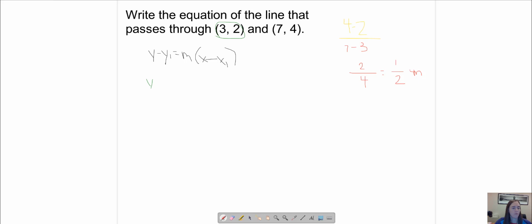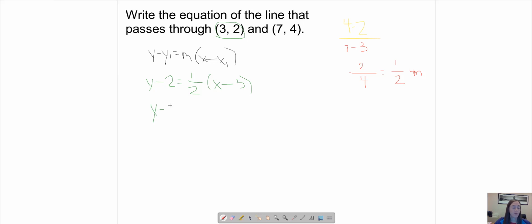So we're going to have y minus, I take the y from my point, which is 2, equals, take my slope, which is 1/2, and then times x minus, and then take the x from my point, which is 3. So that's your point-slope form.